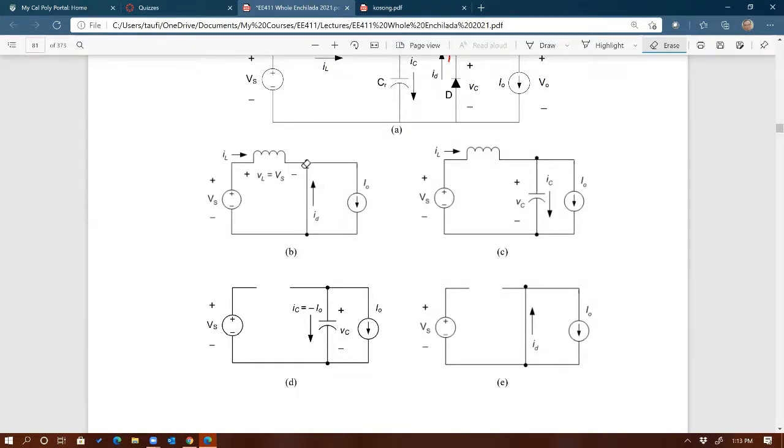I randomly pick this state, where the main switch is on and the diode is on. And at the same time, I'm also going to draw the voltage across the capacitor as well as the current through the switch.